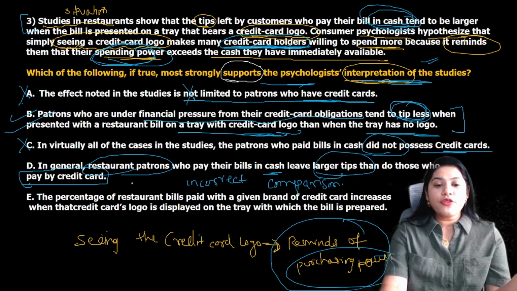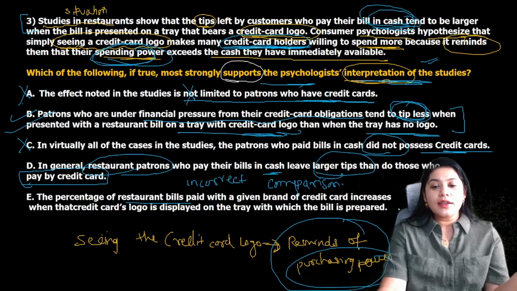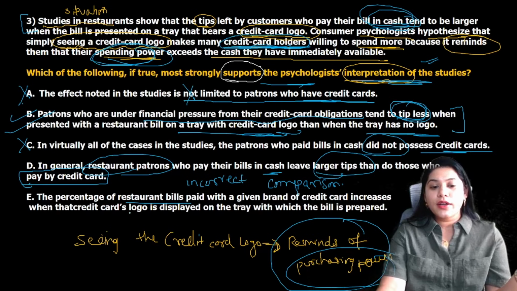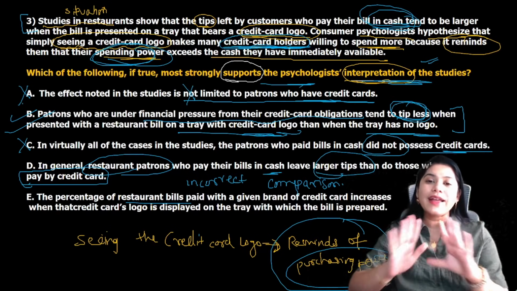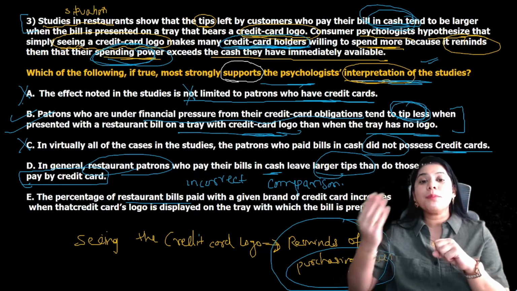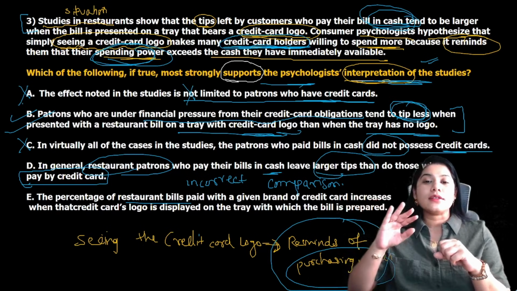The percentage of restaurant bills paid with a given brand of credit card increases when that credit card's logo is displayed on a tray with which the bill is presented. See, how much bill they are paying is not the question. Whatever the bill will be, they'll pay only that much. Above that, the tip can be larger or lesser. That's the question.